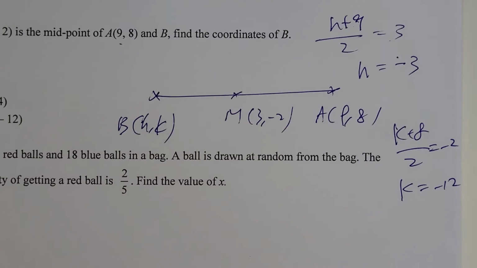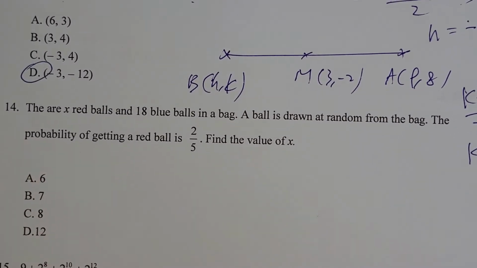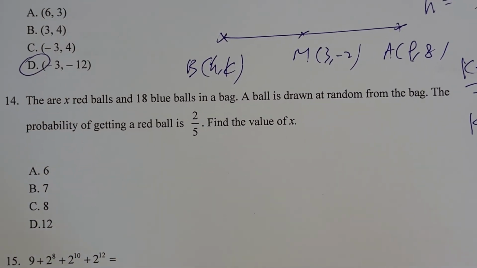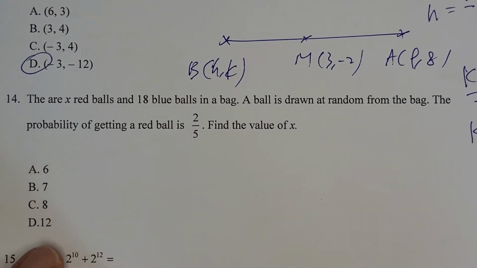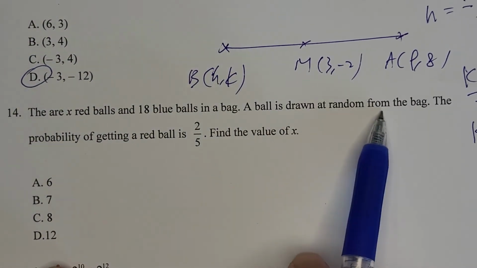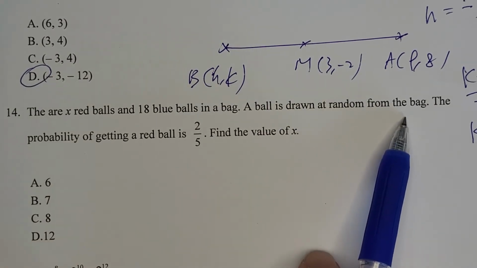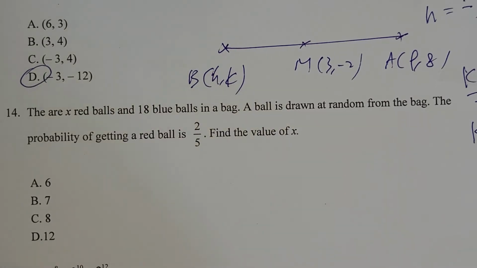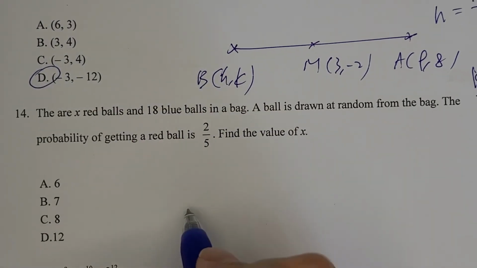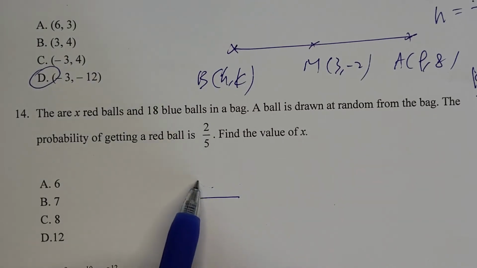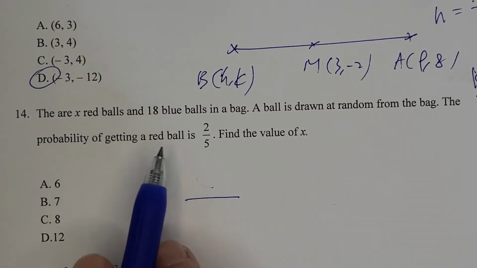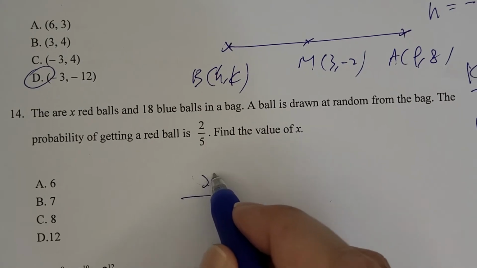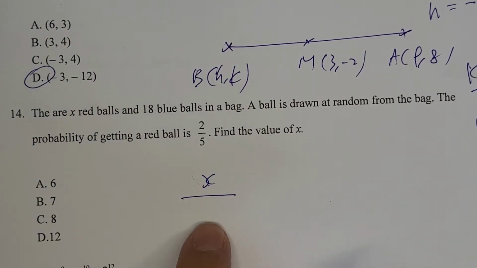Question number 14 is about a probability problem. There are x red balls and 18 blue balls in the bag. A ball is randomly drawn from the bag. The probability of getting a red ball is 2 over 5. Find x. So just apply the formula. The numerator is the number of red balls, that's x. The denominator is the total number of balls, x plus 18.